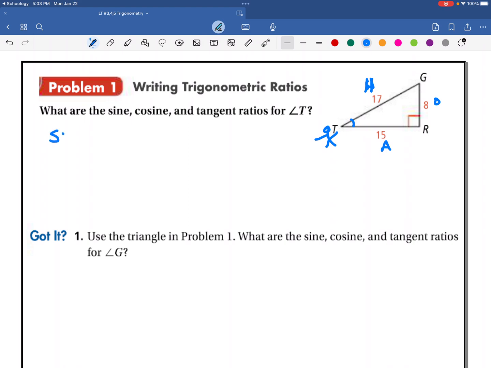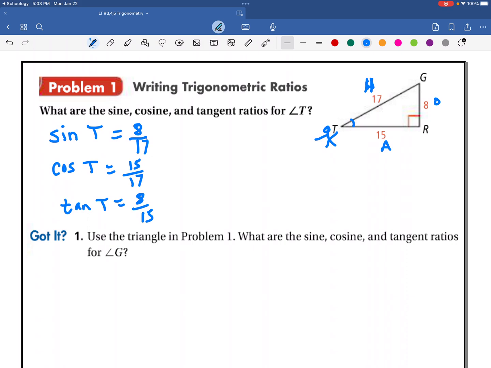So the sine of T is the opposite over the hypotenuse, the cosine of T is the adjacent over the hypotenuse, and the tangent of T is the opposite over the adjacent. So we have these ratios: 8 over 17, 15 over 17, and 8 over 15. And that's all it wants, is the ratios.